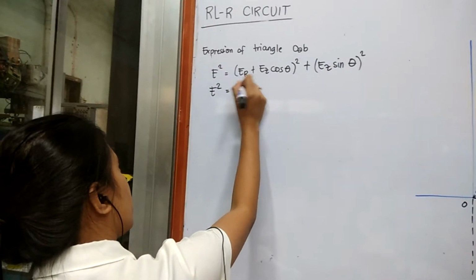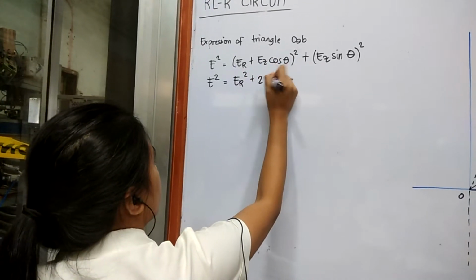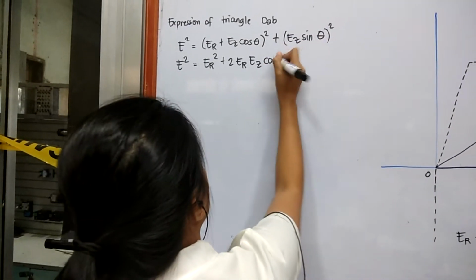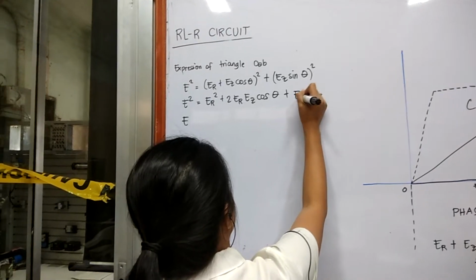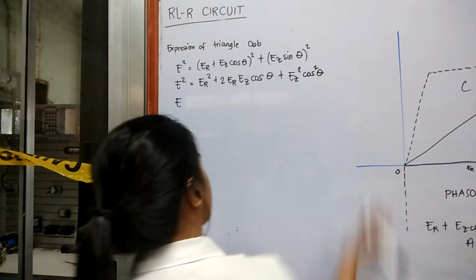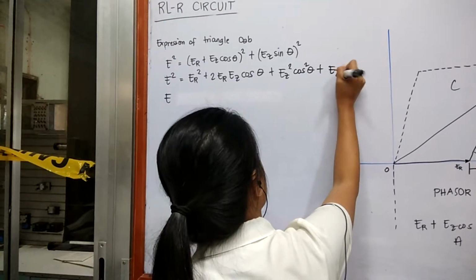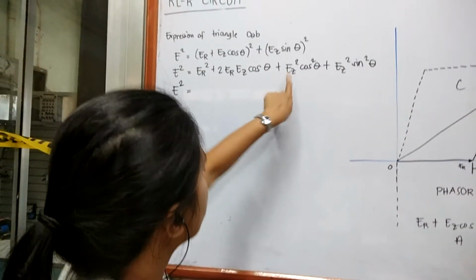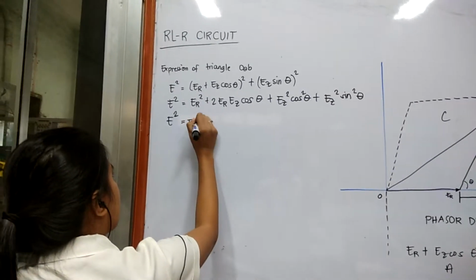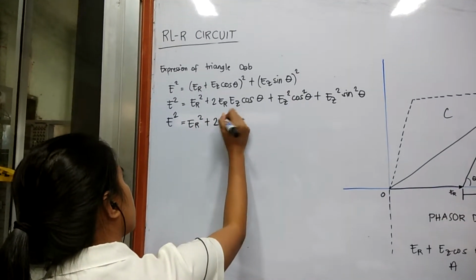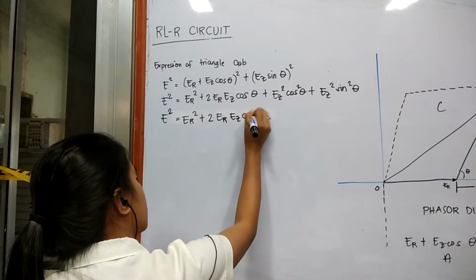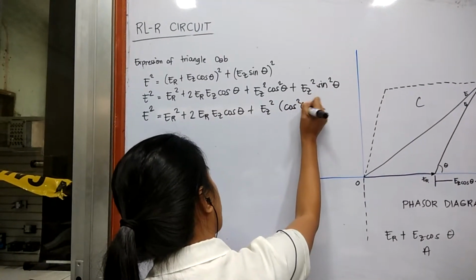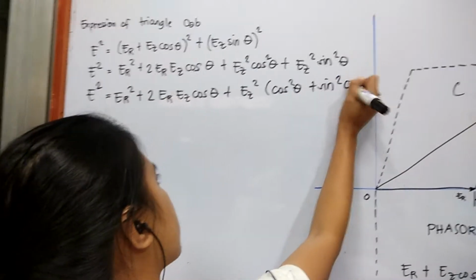E squared is equal to ER squared plus 2 ER EZ cosine theta plus EZ squared cosine squared theta plus EZ squared sine squared theta.